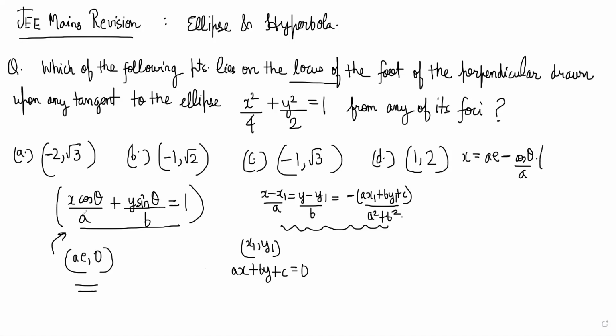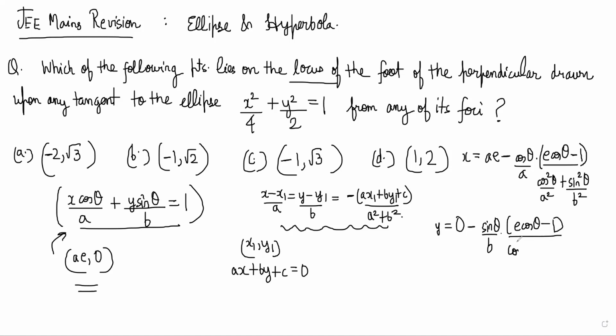In this line you put ae comma 0, so e cos theta minus 1, by a square plus b square, by cos square theta by a square plus sin square theta by b square. This is what should come, and y should be y1, which is 0, minus b, which is sin theta by b, into ax1 plus by1 plus c, the same thing, e cos theta minus 1, and this is the same thing.